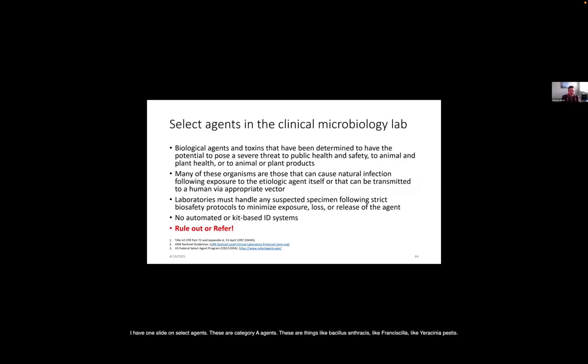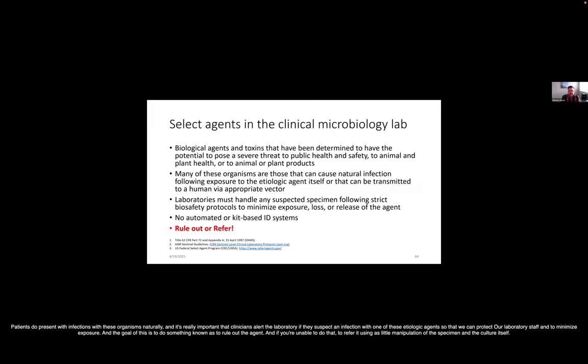I have one slide on select agents. These are category A agents. These are things like Bacillus anthracis, like Francisella, like Yersinia pestis. Patients do present with infections with these organisms naturally, and it's really important that clinicians alert the laboratory if they suspect an infection with one of these etiologic agents so that we can protect our laboratory staff and minimize exposure.